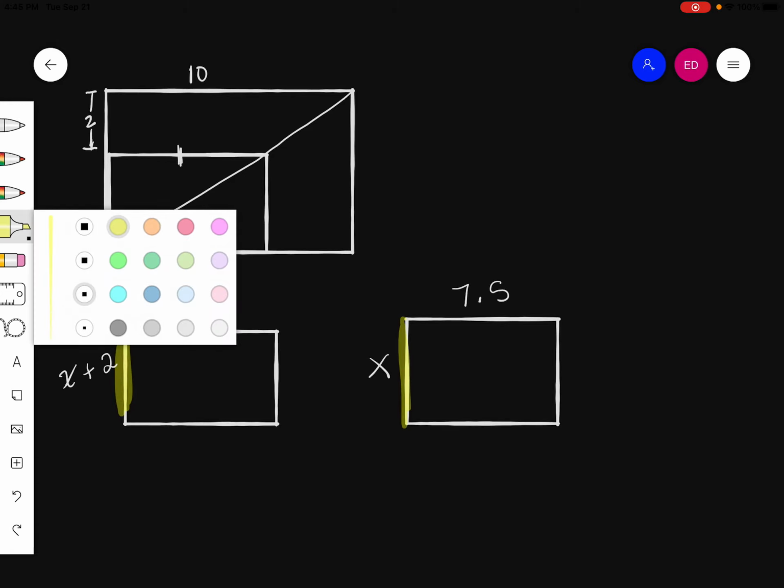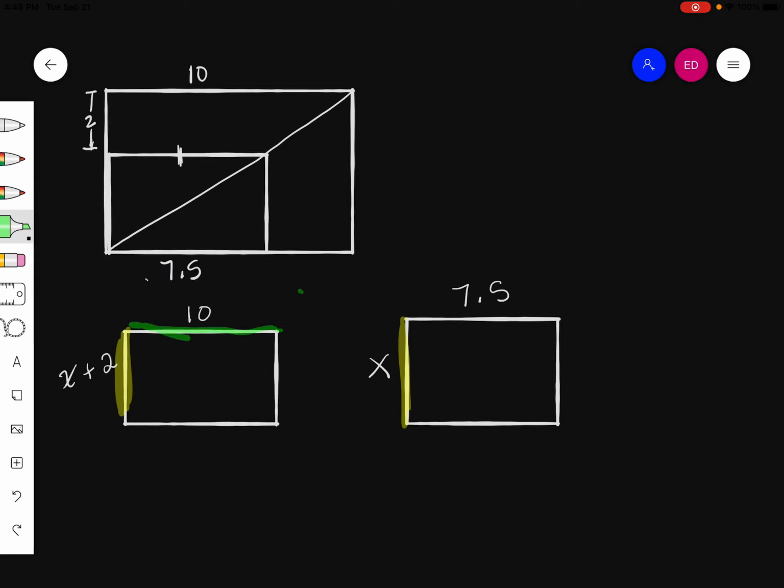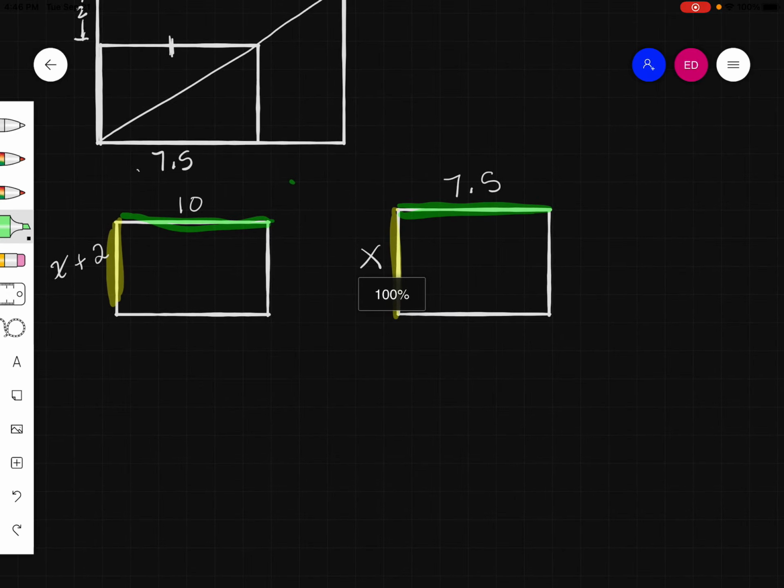So x plus 2 is related to x, and then 10 is proportional to 7.5. You could do x plus 2 over 10 is equal to x over 7.5, as long as you start with that same relationship, okay? Now, we're going to go ahead and set up a proportion.